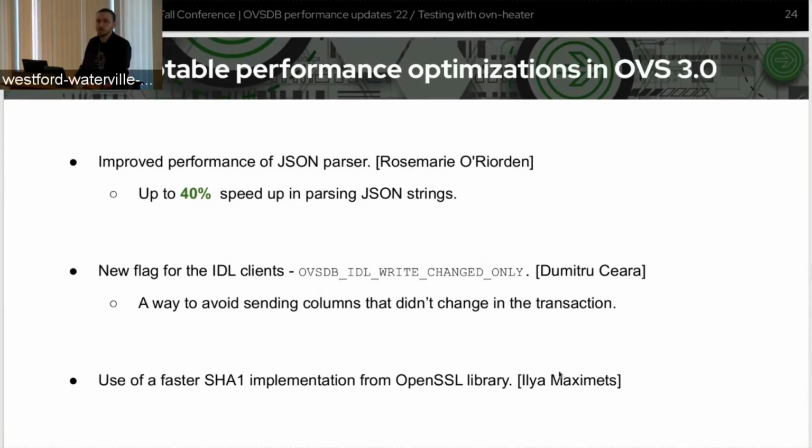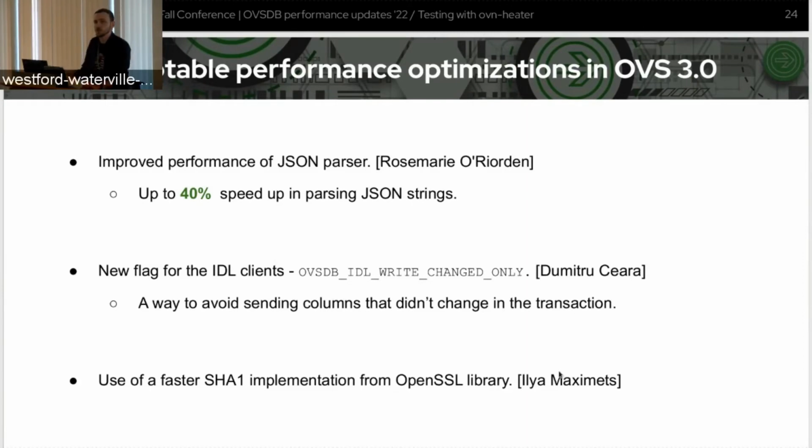And we also have some other notable performance optimizations in OVS 3.0. Besides the database compaction thread, there is an improvement of the performance of the JSON parser. As you know, ovsdb-server is using JSON for database storage and for network transfers of updates and transactions, and it was improved up to 40% for JSON strings.